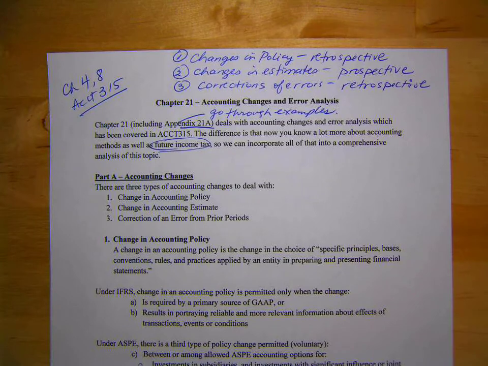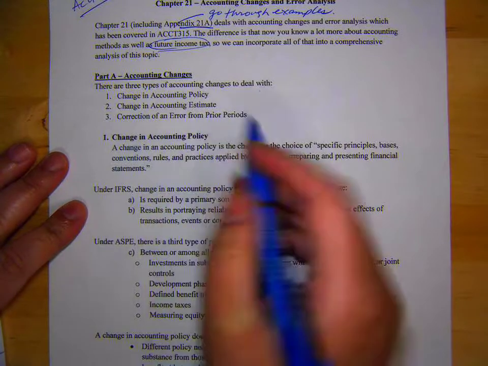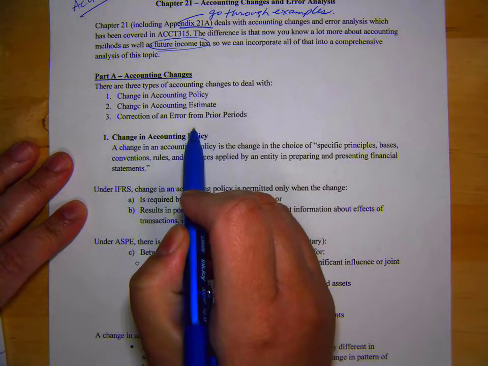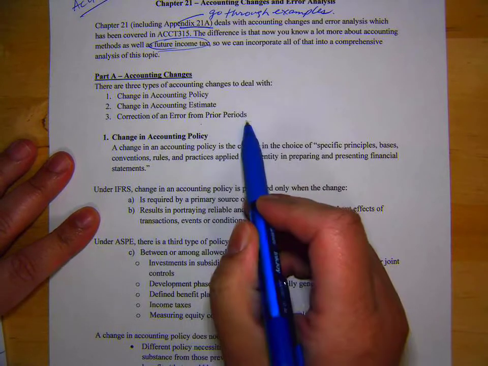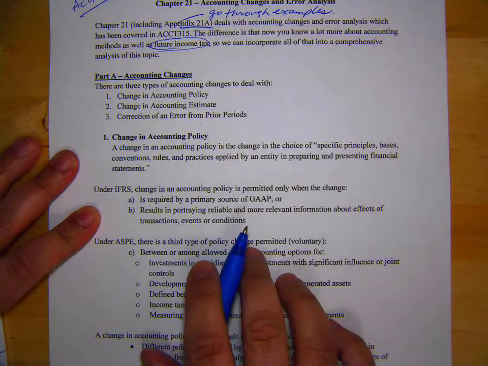So part A is talking about accounting changes. So change in accounting policy, change in accounting estimate, correction of error from prior periods. Because obviously, if it was in the current period, you would just fix it now. You can find it later, that's the problem. Now, with the change in accounting policy, it can be voluntary or involuntary.